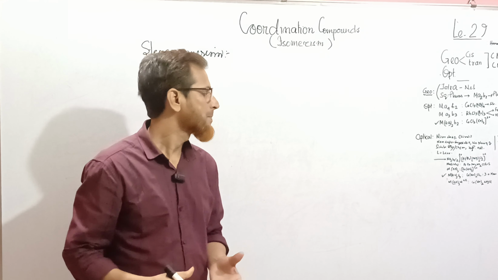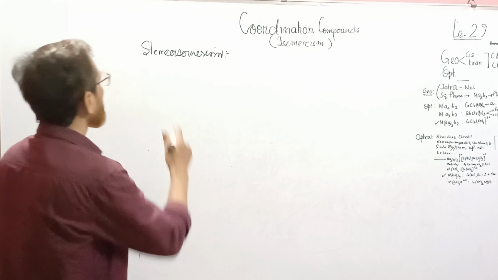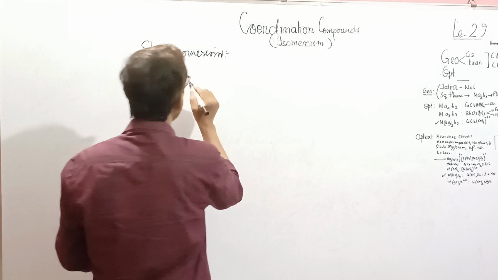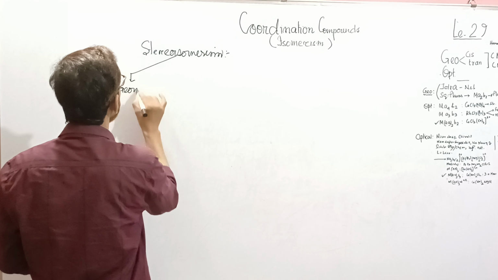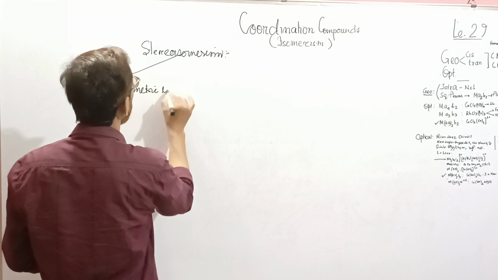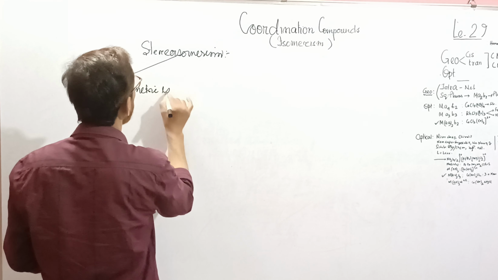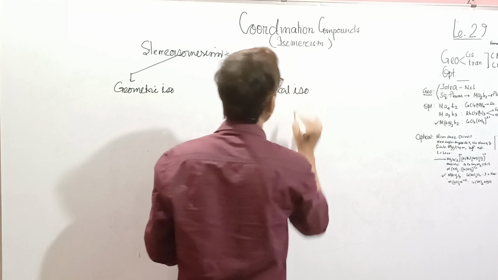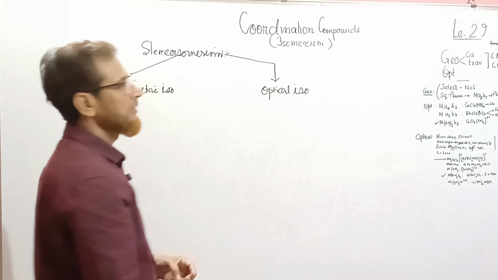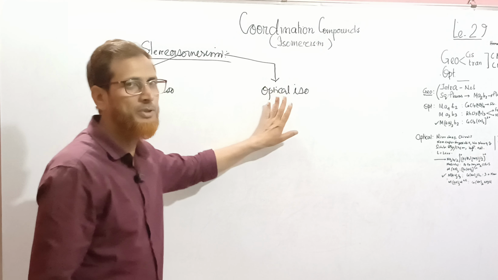So arrangement in the space. The stereoisomerism is classified broadly into two parts: one is geometrical isomerism, the other is optical isomerism.